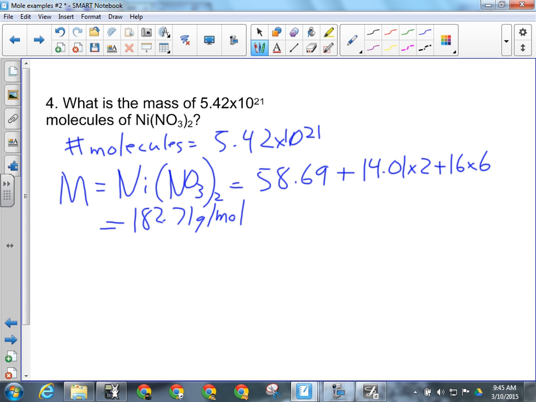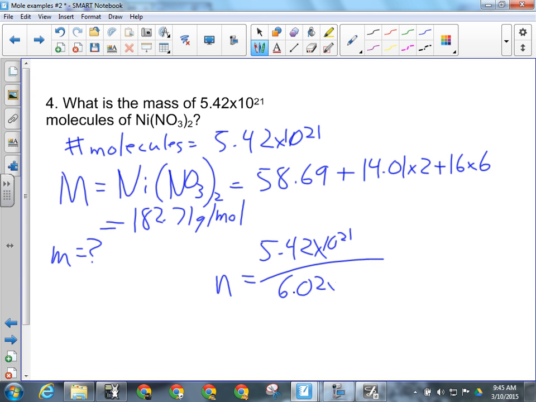If I want to calculate little m, I need n and big M, and I don't have n. So we're going to calculate n right now. n is going to be the number of molecules, 5.42 times 10 to the 21, over 6.02 times 10 to the 23, Avogadro's number. Am I going to get a decimal here? Yes, because I definitely have considerably less than a mole.